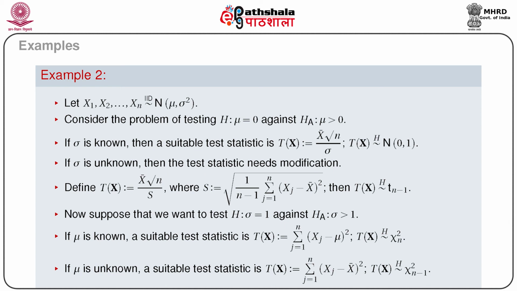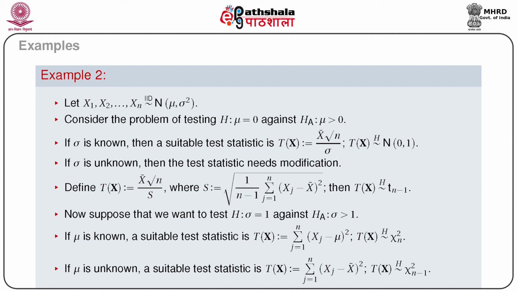Actually here x bar is sufficient for mu when sigma is known, and therefore it is reasonable to use a test statistic that is a function of x bar. Now under H naught, Tx follows the standard normal distribution, and we reject H naught if the observed value of Tx is too large.